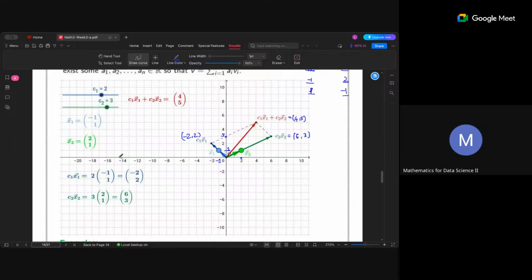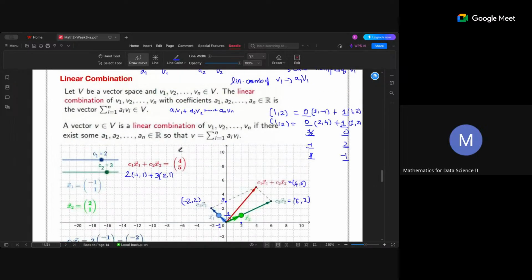You can compute and see exactly what is going on: 2 times (-1, 1) plus 3 times (2, 1). So -2 plus 6 is 4, 2 plus 3 is 5. Is that clear? This is the combination of scalar multiplication and vector addition.